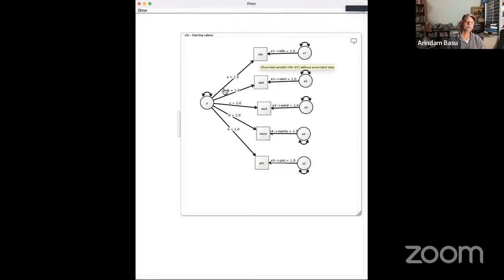G explains the variation in the manifest variable info. The bit A here is 1.0, but that's a starting value. A is the path coefficient that goes from G to info. If you square that path coefficient, you get its explained variance, which means what proportion of info's total variation is explained by the common intelligence, or G.